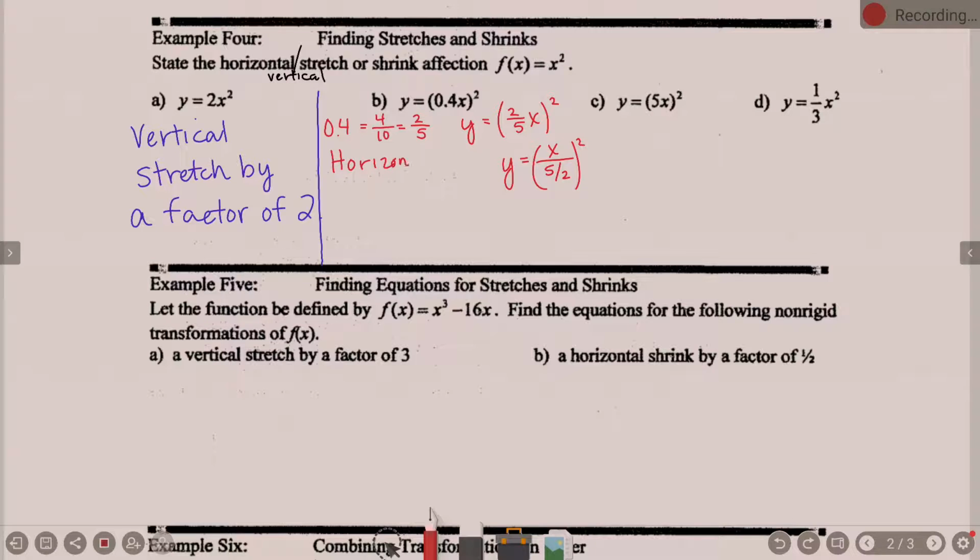But officially, this is actually a horizontal stretch. Officially, I should say by factor of 5 halves, but my space is limited. So this is a horizontal stretch by a factor of 5 halves.